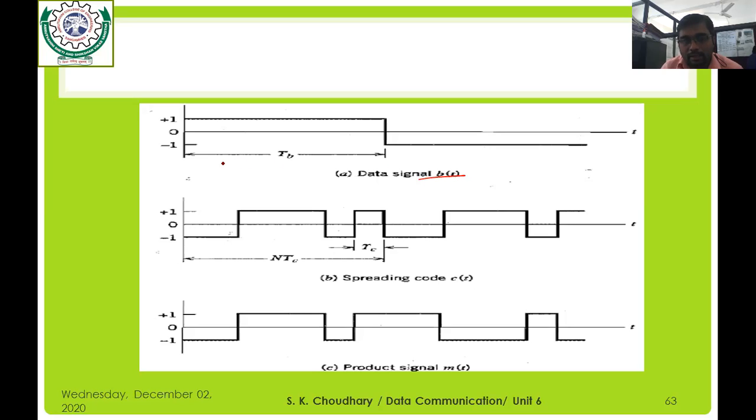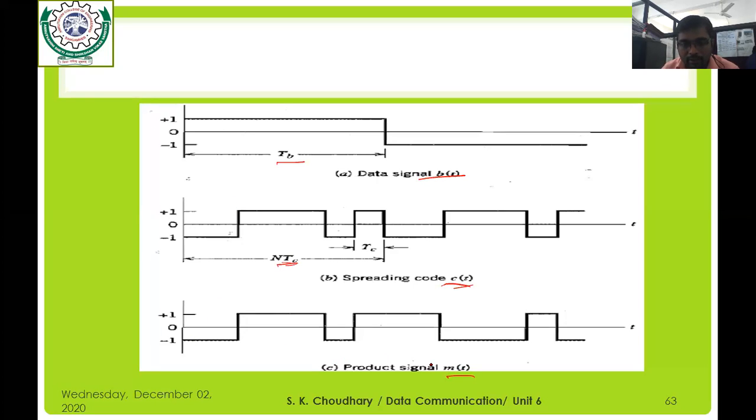And that is having the bit period of T_b. Now this would be mixed up with this PN sequence, that is c(t), that is again a polar NRZ signal but is having a higher frequency. So the bit period here is T_c, N T_c total. So N number of bits would be there, and then it would be multiplied, applied to the product modulator.